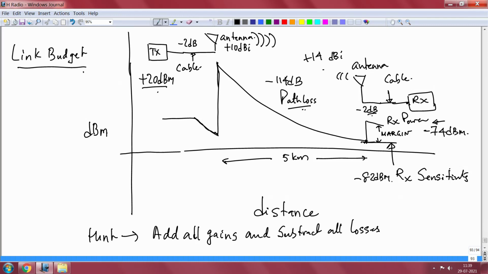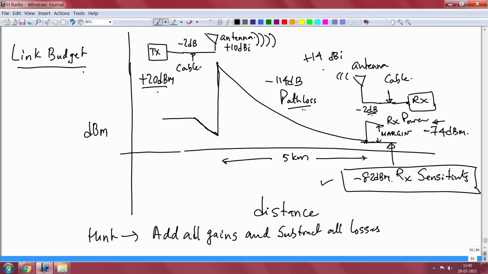The whole thing assumes that there is a receiver whose specification is minus 82 dBm given by the vendor. The vendor has said that the receiver sensitivity is minus 82 dBm. Now, the question is, if the vendor has specified this, at what dBm did you receive the signal?